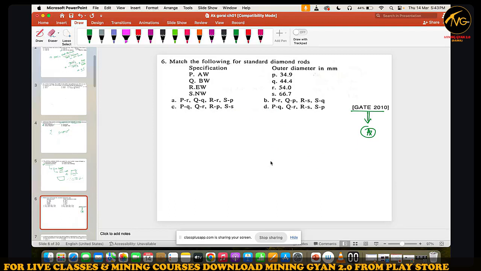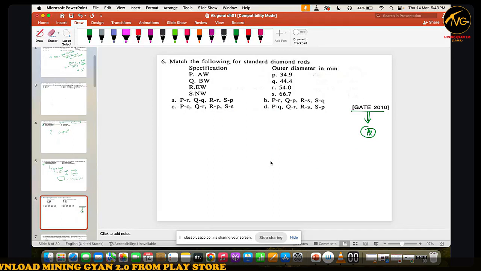Okay, some of you have given answer C, which is wrong. I have given a trick also. What is the trick?